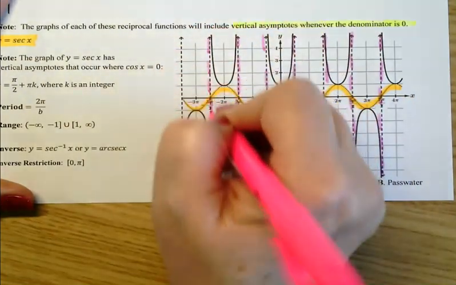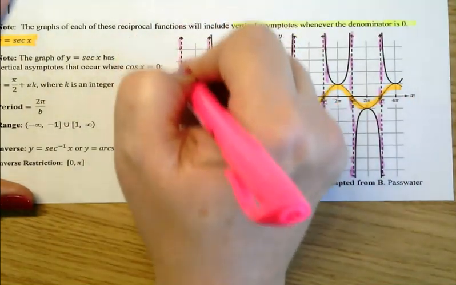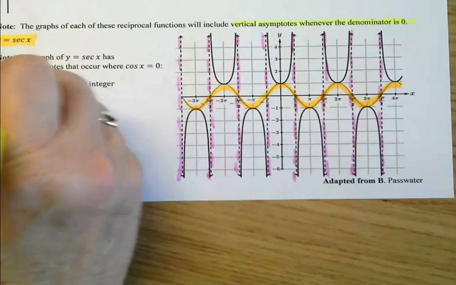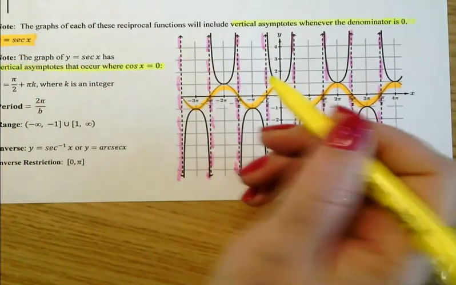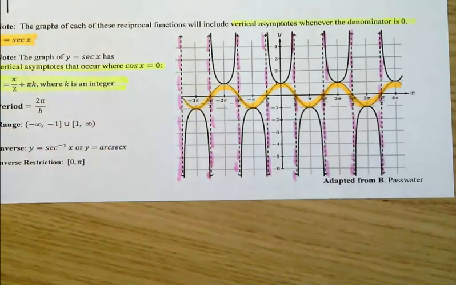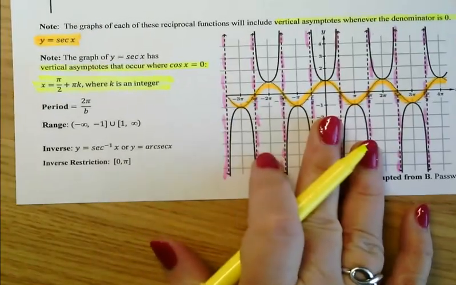And we know that we can't cross vertical asymptotes, so that means your graph is trapped between the two vertical asymptotes. All right, so these vertical asymptotes are happening again where cosine is 0, and here's the equation. We have to have equations for our asymptotes because they repeat.